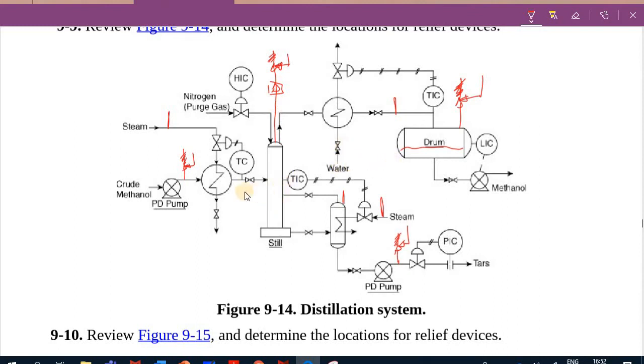One of the actions we could expect is if you have steam here that is very high pressure for a certain reason, fully opened and getting in, will this pipe be able to withstand that steam? We already have a relief here, but will it be able to withstand this or not?